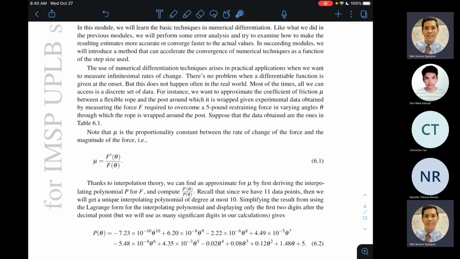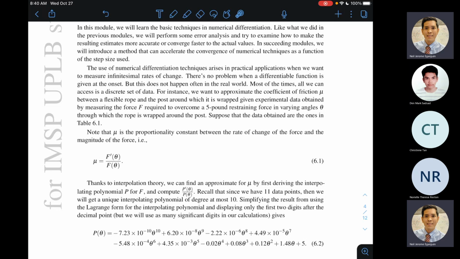So usually hindi given kagad yung functions na nakukuha natin mula sa real world data, preventing us from using the tools that we learn from analysis. So, talagang papasok tayo dun sa unang step. Paano tayo gagawa ng isang nice enough function out of a bunch of data?